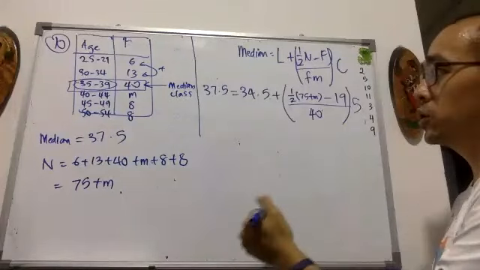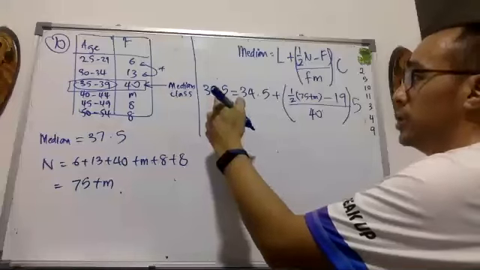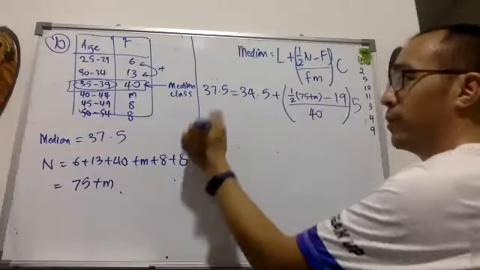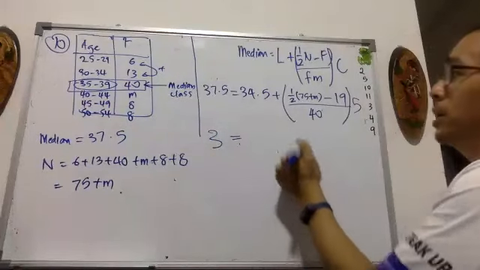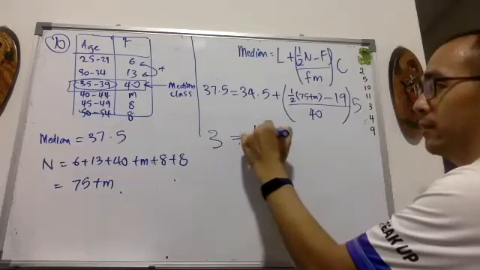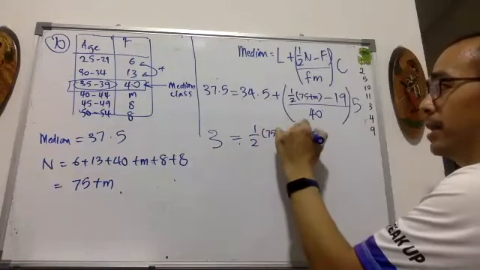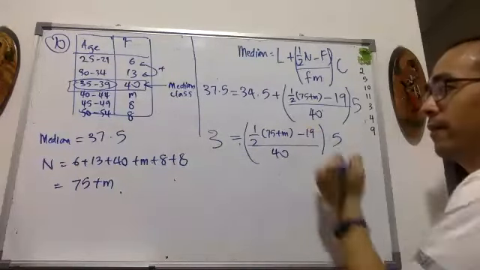All right, so let's take a look at this. 37.5 minus 34.5 gives me 3, which equals, and then I'm going to do this long calculation: half of 75 plus n minus 19, over 40, the whole thing times 5.